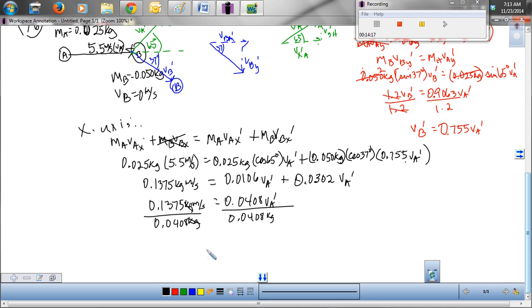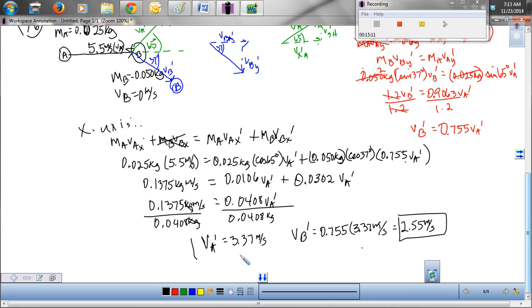So VA prime is 3.37, and VB prime is going to be 0.755 times 3.37. Can't seem to write this morning. And that, I believe, is 2.55. Yep, 2.55 meters per second. And we are done with 15 and 16. I will move on to the next ones.